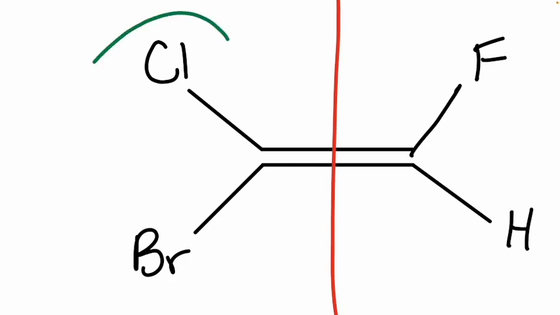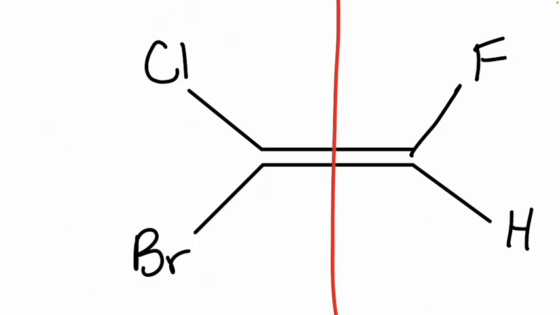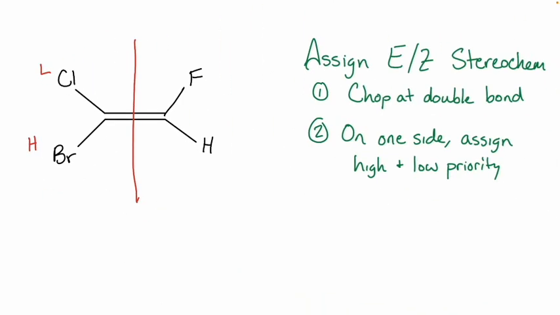So I'm going to compare my chlorine and my bromine, and I'm going to assign one high priority and one low priority. Which one is the higher priority group, chlorine or bromine? Bromine. So bromine's high, chlorine's low. Okay. Now I'm going to jump to the other side and assign high and low.